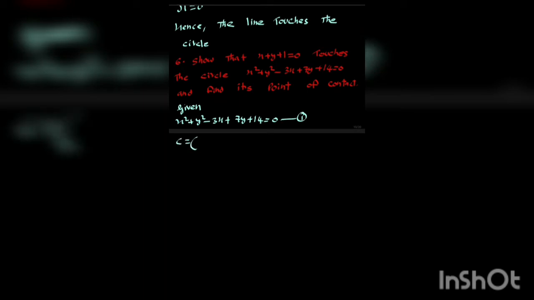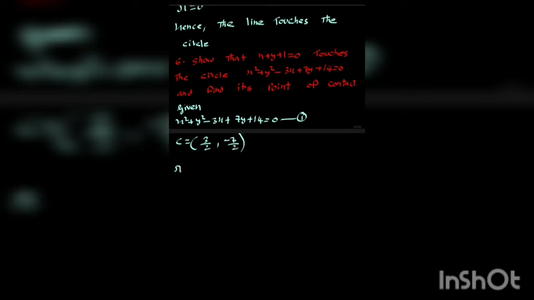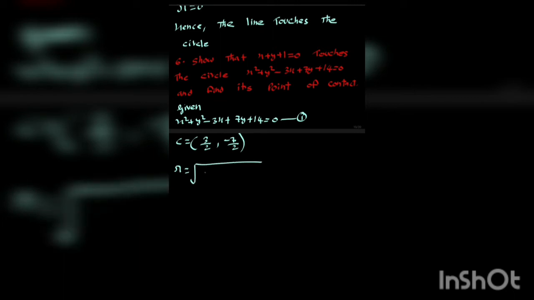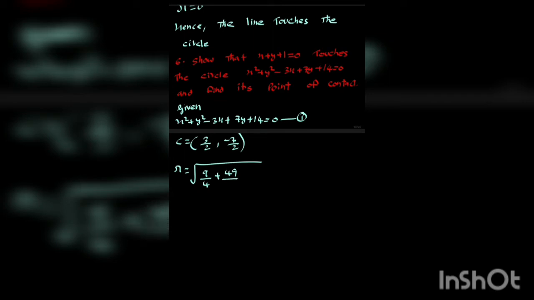Minus 3 by minus 2, that is 3 by 2, and minus 7 by 2. And what is r? Root over 9 by 4 plus 49 by 4 minus 14.